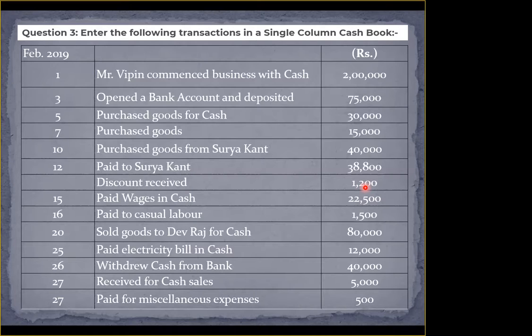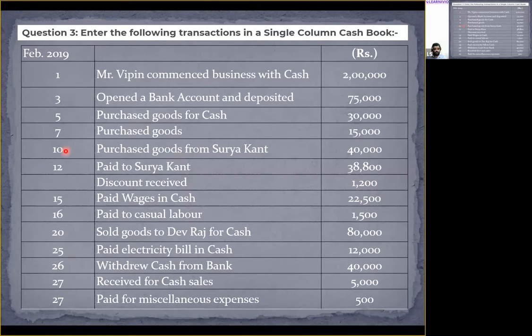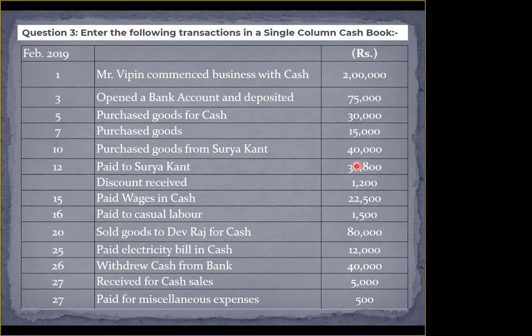Listen to me very carefully. The transaction that has taken place on 10th February will not be recorded in the cash book, right? But because we are making payment to Suryakant on the 12th February, this will lead to the outflow of cash. It will be recorded in the cash book as by Suryakant on the credit side.